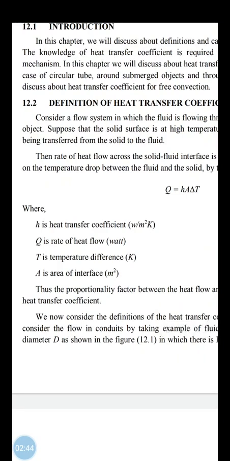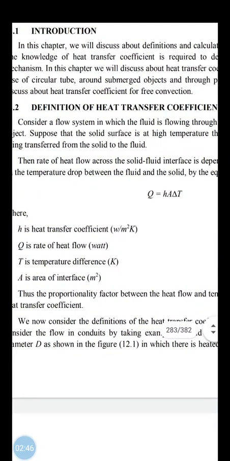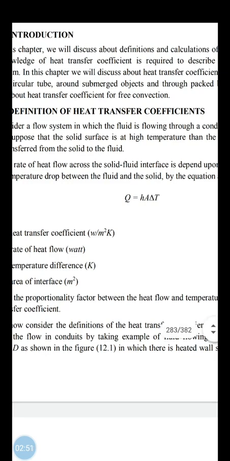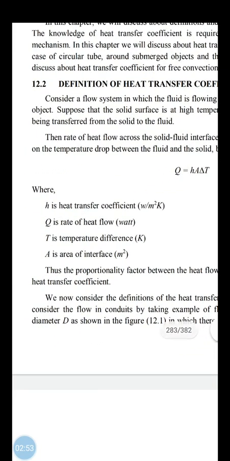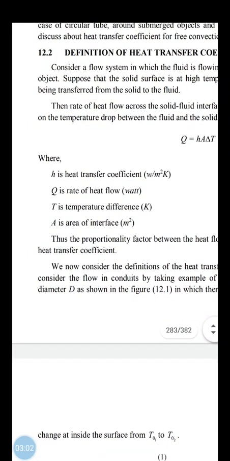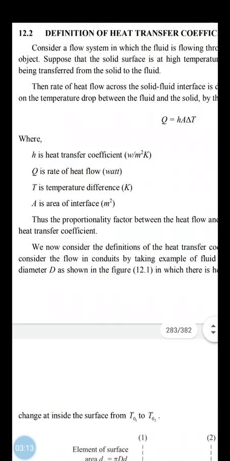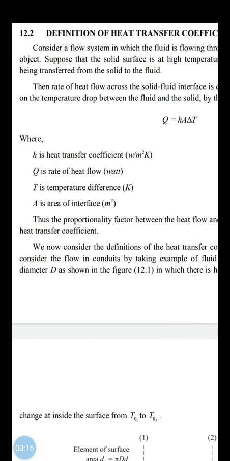So this rate of heat flow across the solid fluid interface is given by Q is equal to HA into delta T, where H is called the heat transfer coefficient, unit is watt per meter square Kelvin, Q is the rate of heat flow in watts, delta T is a temperature difference in K, and A is the area of interface in meter square. So this is how the heat transfer coefficient is defined with the help of the equation.